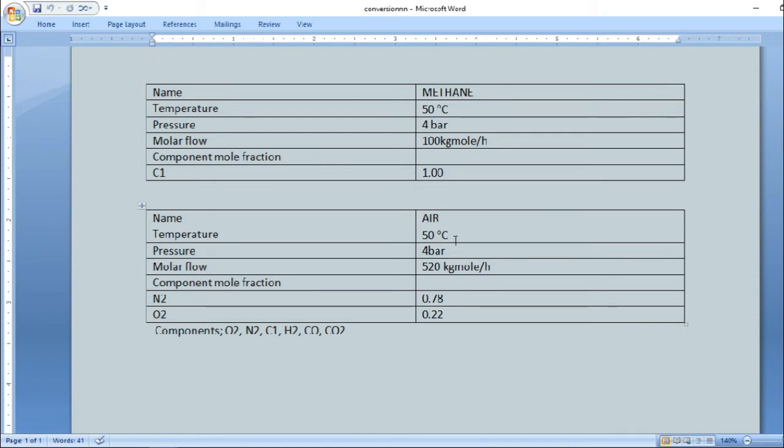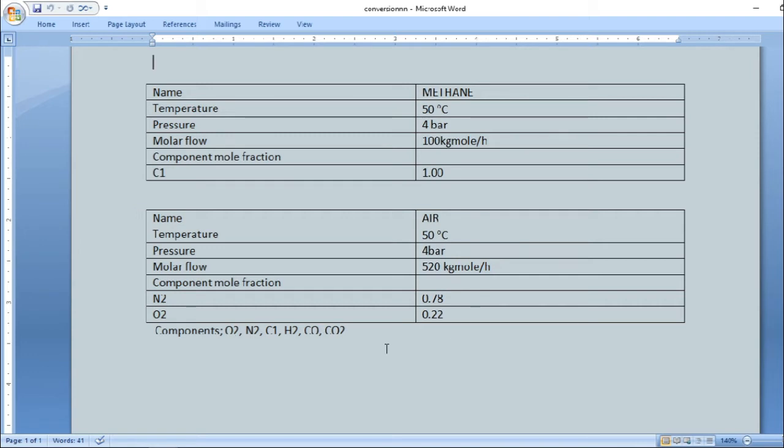I have air with a temperature of 50 degrees Celsius, also a pressure of 4 bar and a molar flow rate of 520 kg mole per hour. Air contains nitrogen gas and oxygen gas, with a mole fraction of 0.78 for nitrogen gas and 0.22 for oxygen gas. So these are my components.